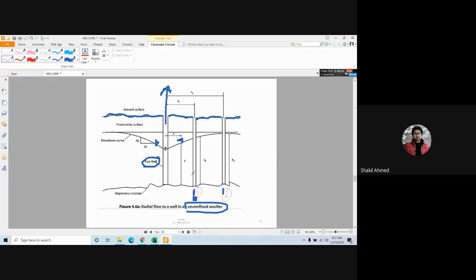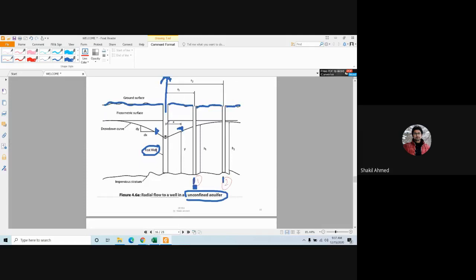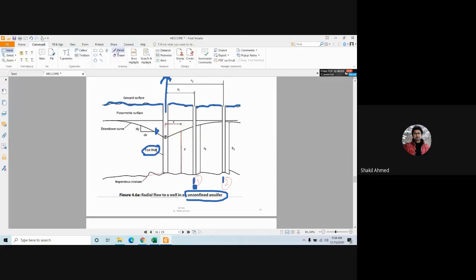From the center of the test well, any distance, we call it x, and this is the impervious stratum, this is y. So any point at this water level, for example this point, the horizontal distance from the center of the test well is x, and the vertical distance from the impervious stratum is y.